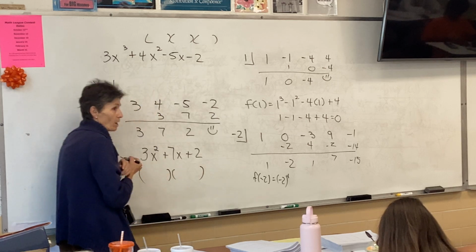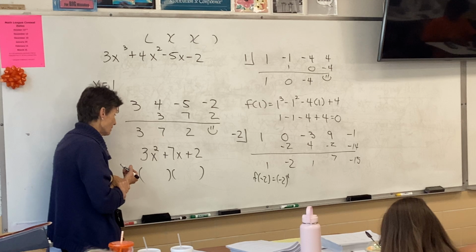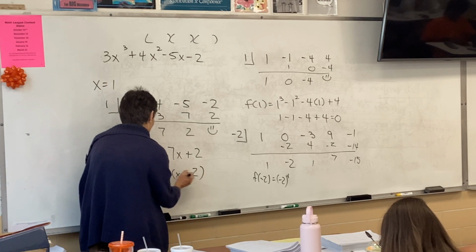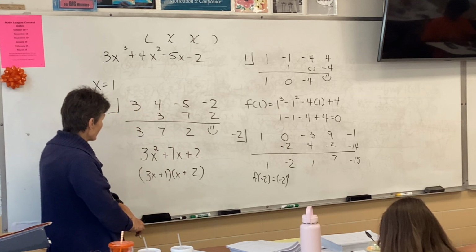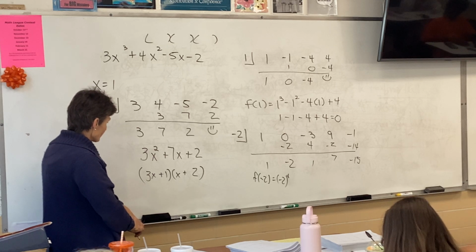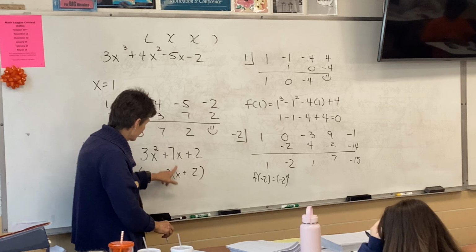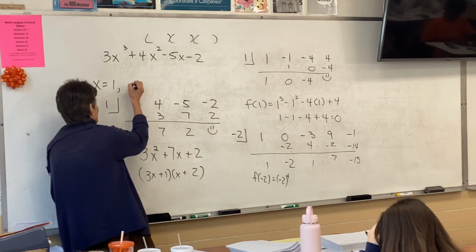That's what you want to try, right? I don't think that's going to work though, is it? Oh, maybe it will. Does it? I didn't think it was going to, but now that I looked at it, I think it does. Does that foil back to give me what I want? Yeah.